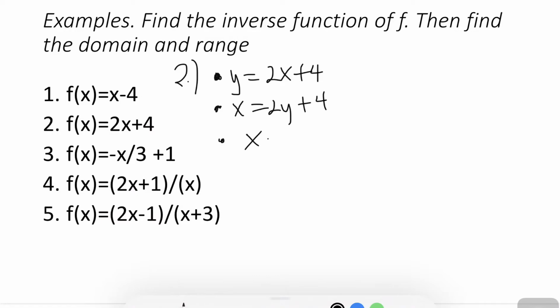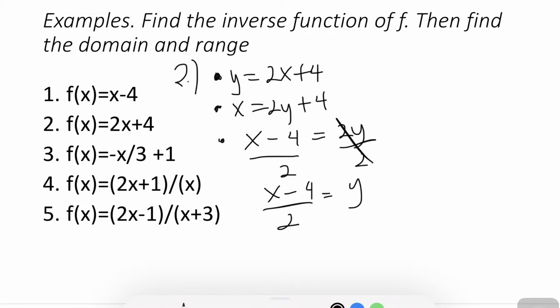So we have x minus 4 equals 2y. And then divide both sides by 2. Cancel. So we have y is equal to x minus 4 over 2. And last, replace y by f inverse of x. So we have f inverse of x equals x minus 4 over 2.